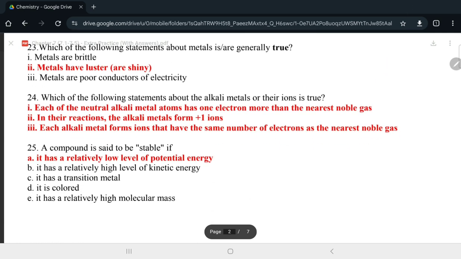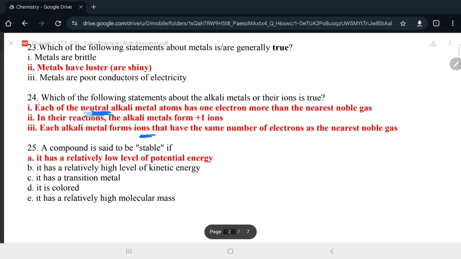Which of the following statements about alkali metals or their ions is true? Each of the neutral alkali metals has one more electron than the nearest noble gas. This is true. Alkali metals have one more electron than the noble gases, but when they react with other elements, they lose this electron, and their charge becomes +1, and they achieve noble gas configuration. But here we talk about neutral alkali metals, okay?